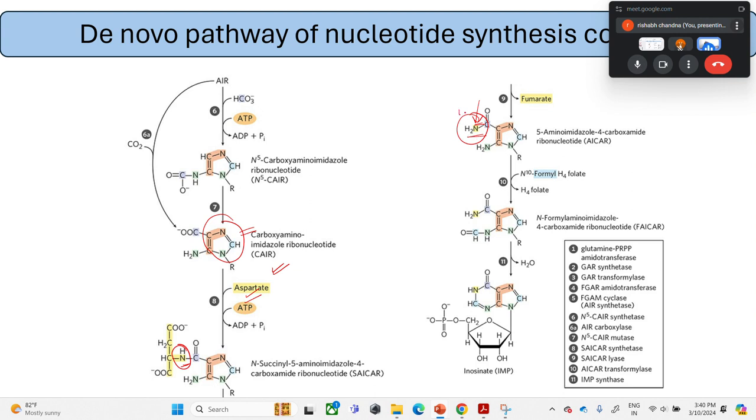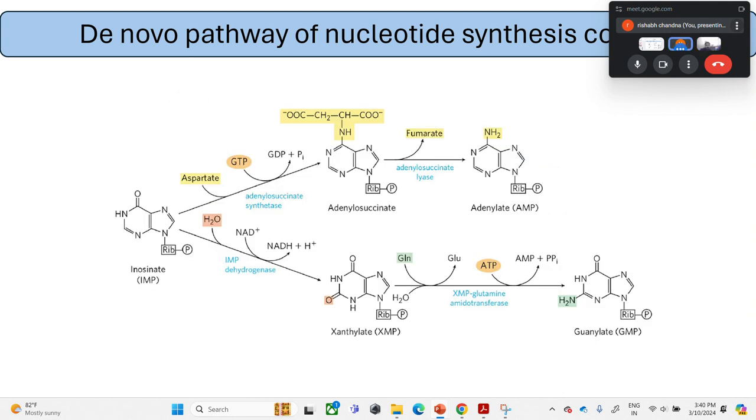So in formation of the IMP, aspartate is involved in the addition of the first nitrogen. And this was the de novo option. So aspartate is involved in the de novo pathway for the synthesis of inosine monophosphate as well as orotic acid.